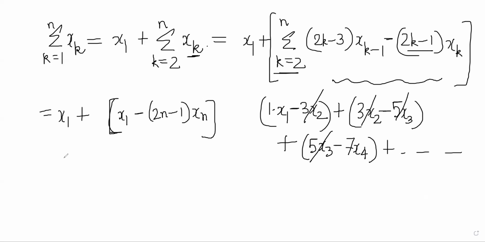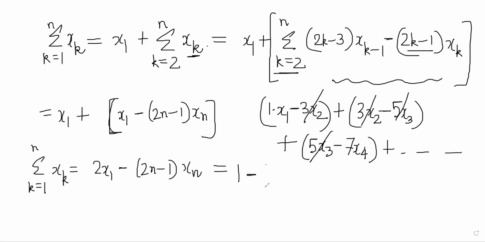So basically what we are getting is summation of k is equal to 1 to n xk is equal to 2x1 minus (2n minus 1) xn, right? And in the problem itself, we know that x1 is half, so 2x1 is 1 minus (2n minus 1) xn.